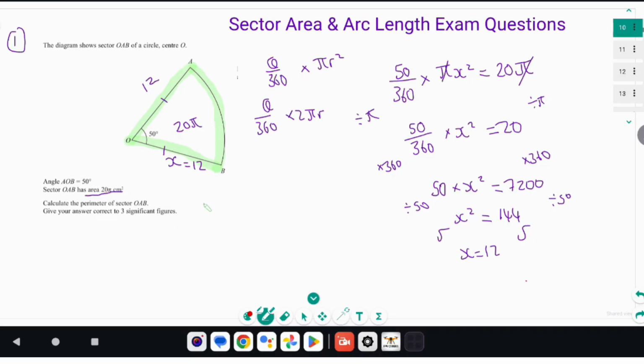So theta over 360 times 2 times pi times 12 is 10.5 to 3 significant figures.